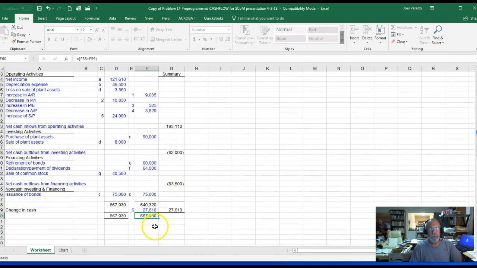And I believe that pretty much completes that requirement for this problem on pages 83 and 84 and through 85.